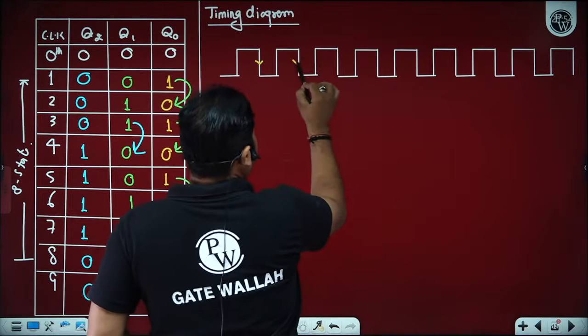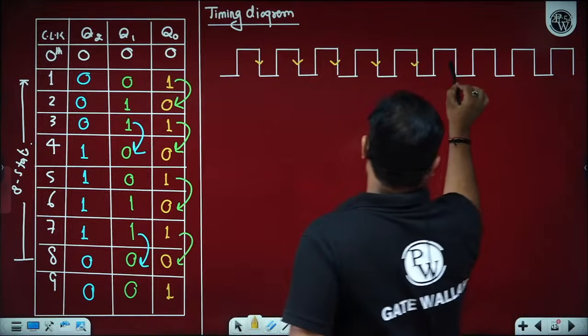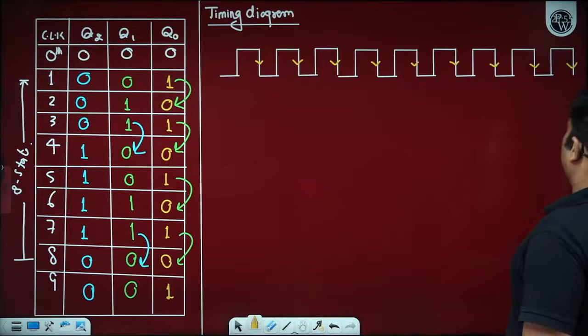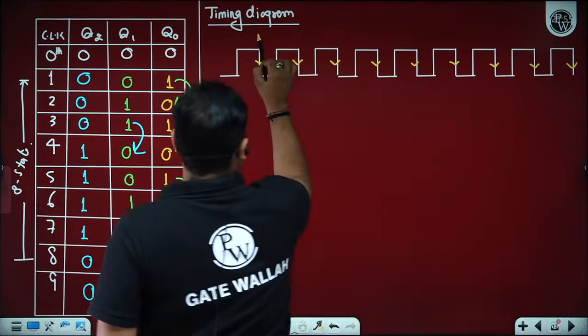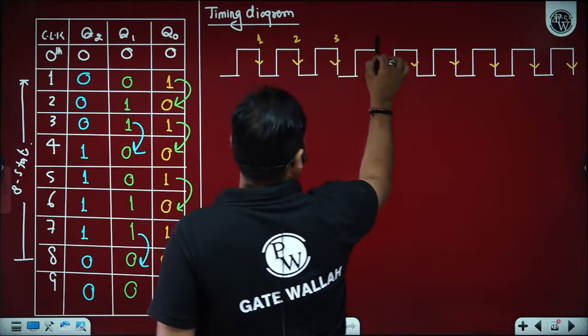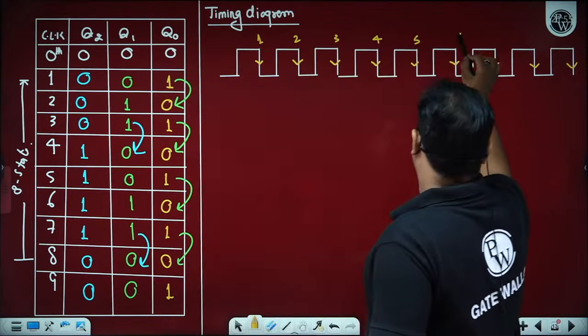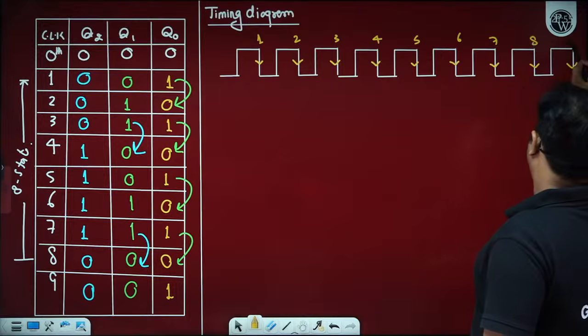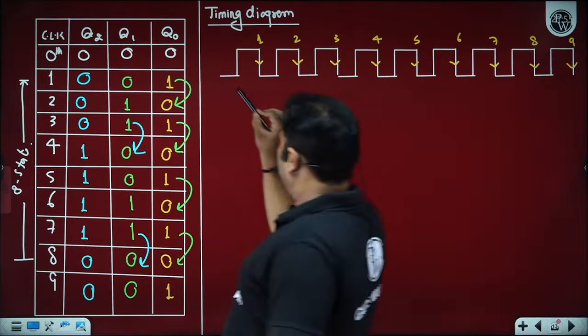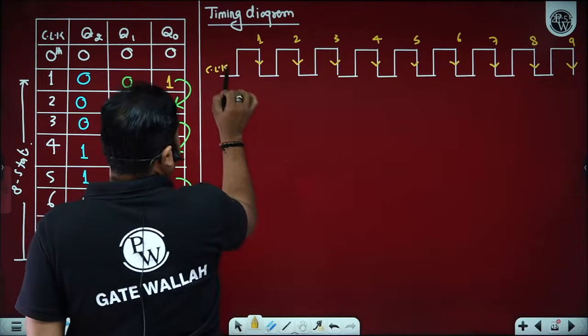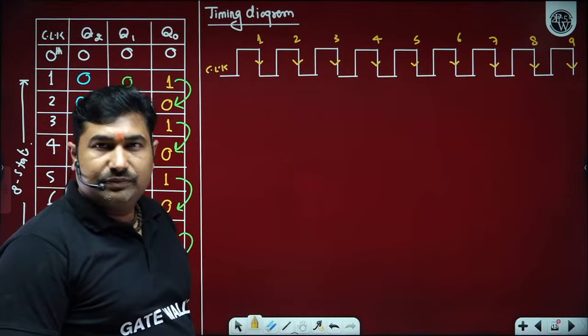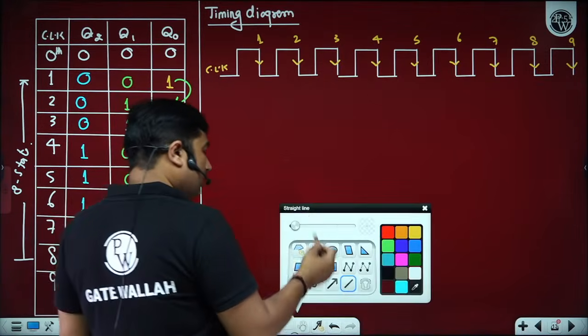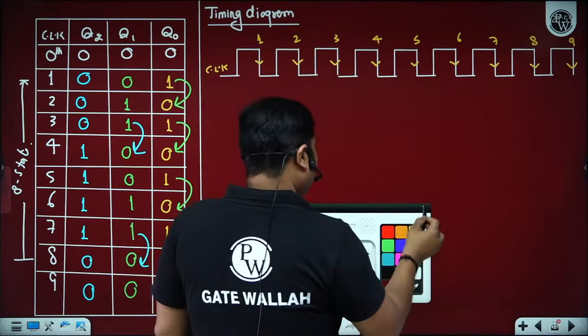We have 1, 2, 3, 4, 5, 6, 7, 8, 9. Sufficient. Now please observe. So first I have drawn the clock. Is it okay? Now please observe, we all know how to design a clock for a counter.